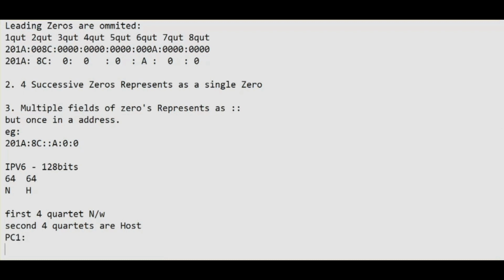PC1 IP address, I'll mention like this: 201A colon 2CF colon 0 colon 0 colon 0 colon 0 colon 0 colon 29.